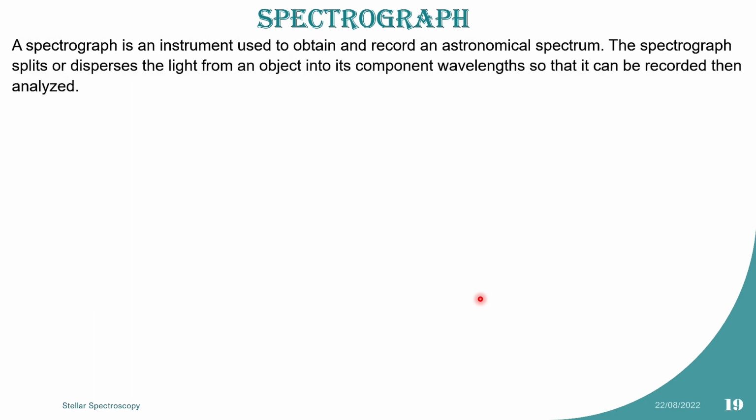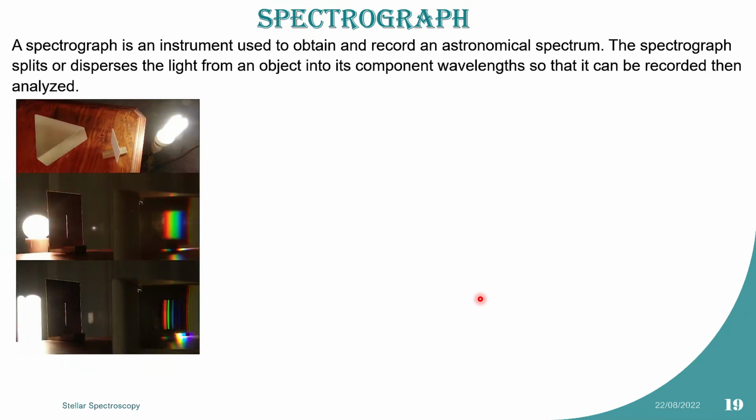Next, move on to our final topic of today's discussion, the spectrograph. A spectrograph is an instrument used to obtain and record an astronomical spectrum. The spectrograph splits or disperses the light from an object into its component wavelengths so that it can be recovered and then analyzed.